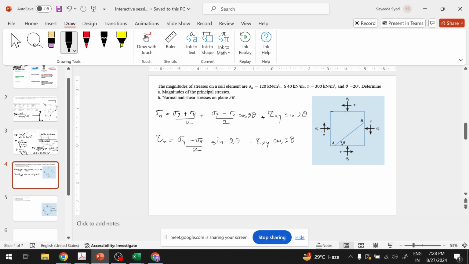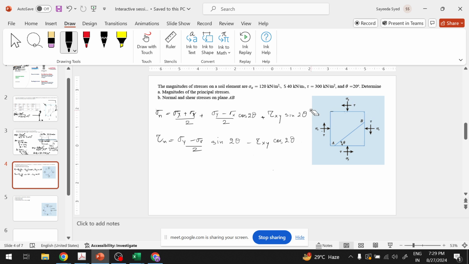Now for maximum principal stresses, we have basically, okay, that is in the next lecture, how to calculate the principal stresses. For now, let's try to calculate.